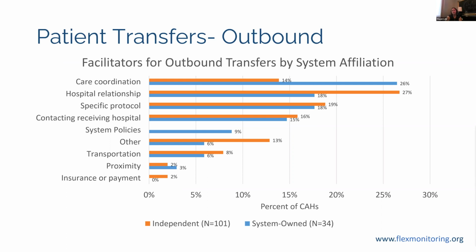If care coordination isn't reimbursable, a system affiliated hospital may have a little bit more flexibility or a little bit more to work with. Great point. And maybe those 14% of independent hospitals that said care coordination, maybe those are the only ones really that have that as support. That's a great point.